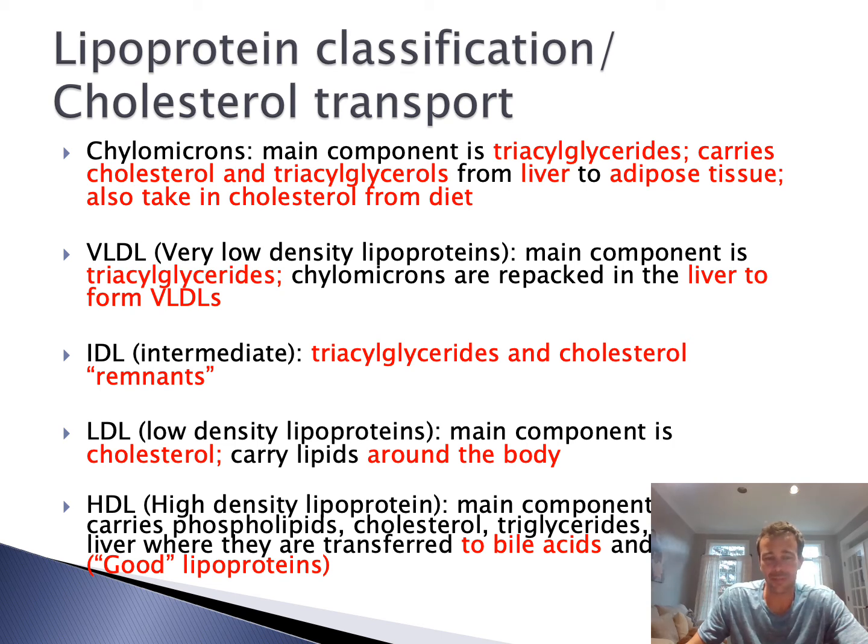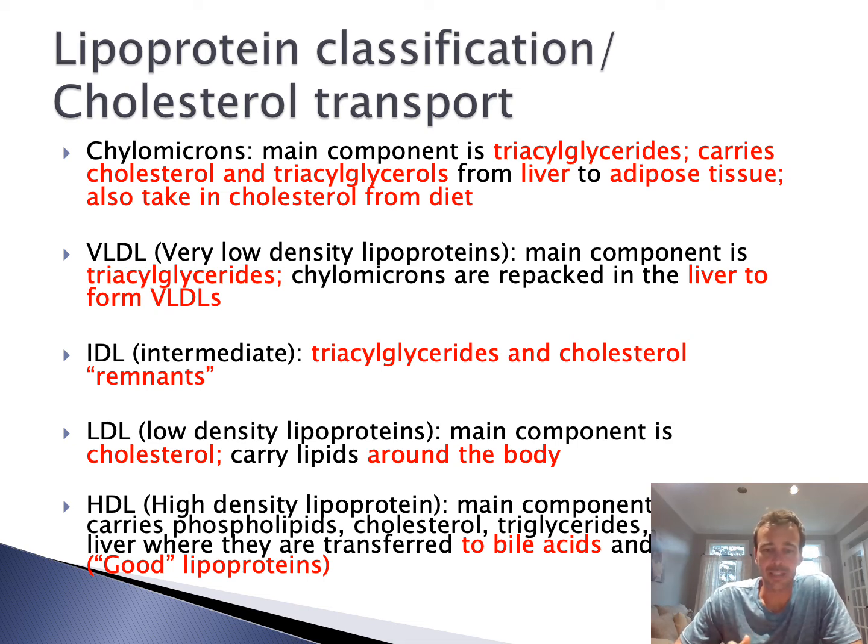There's also what you may see as intermediates or IDLs. These are triacylglycerols and cholesterol remnants. LDLs, or low density lipoprotein, here the main component is cholesterol, and they are important for carrying lipids around the body. The HDLs are what you think of when you think of the good lipoproteins.